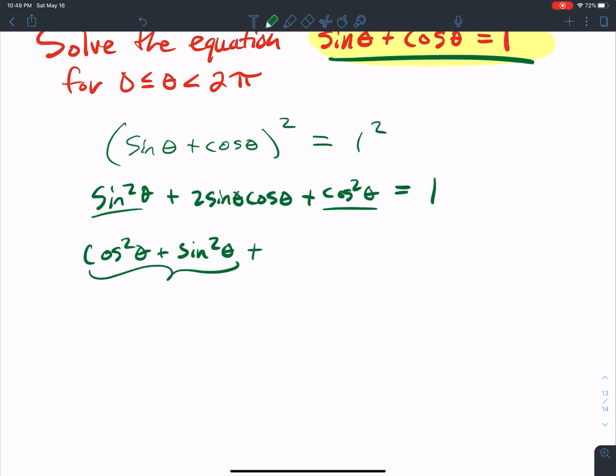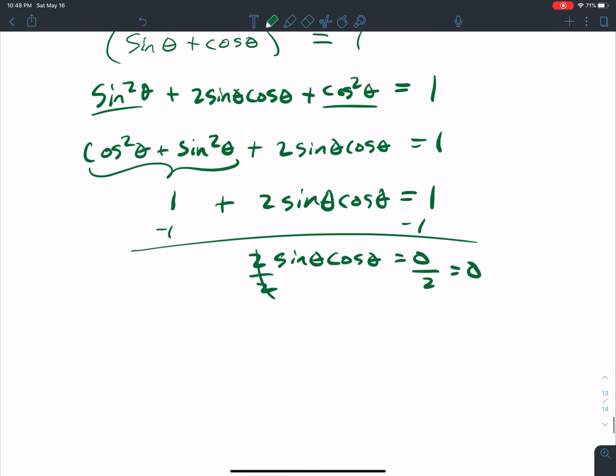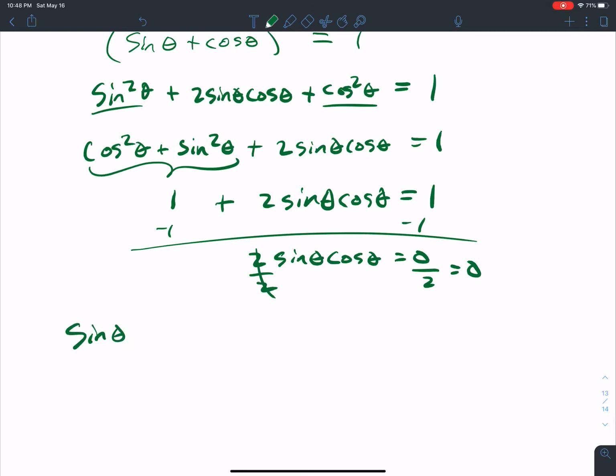This is just 1. So this becomes 1 plus 2 sine theta cosine theta equals 1. If I subtract 1 from both sides, I get 2 sine theta cosine theta equals 0. Divide by 2. And so what do I have? The sine of theta times the cosine of theta equals 0.